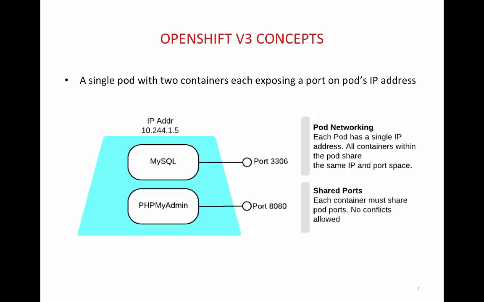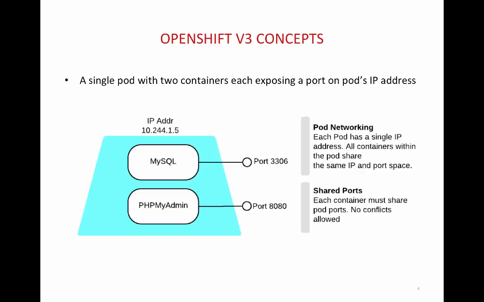The first concept that we would want to understand is a pod, and a pod would run the Docker containers. So a single pod would get an IP address, and you can run multiple related Docker containers inside each pod.